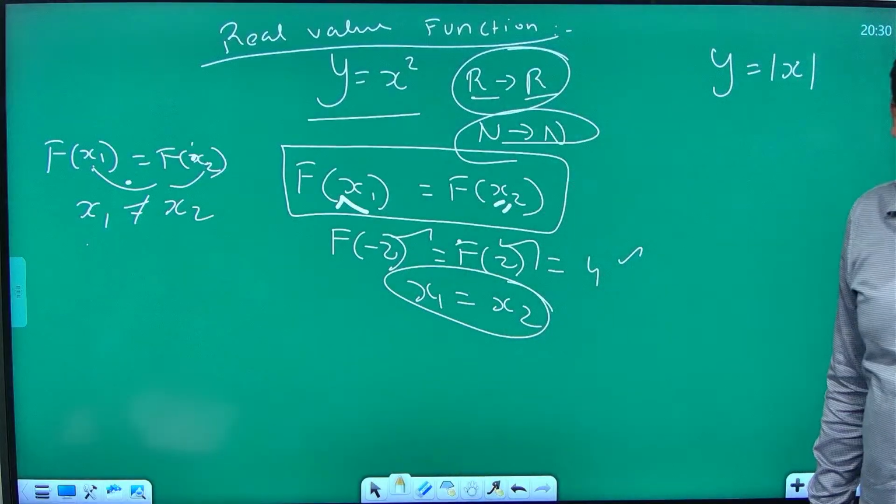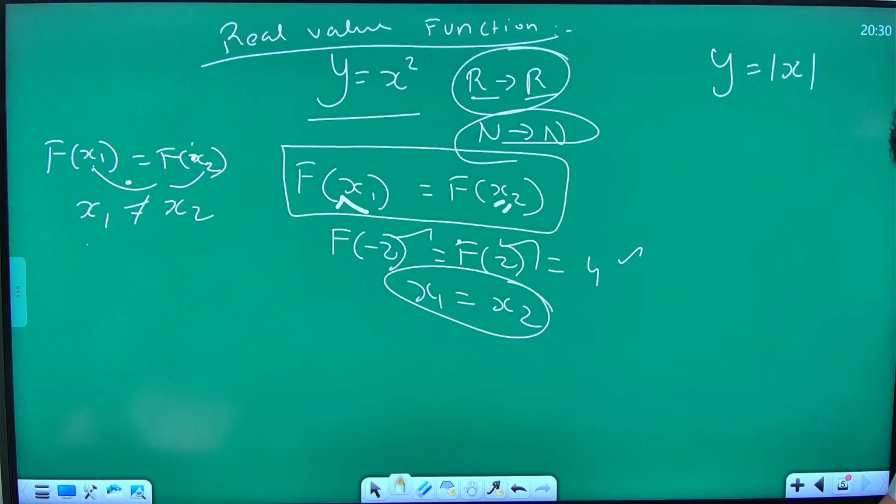Guys, clear? Okay. And yes, y equal to mod of x.